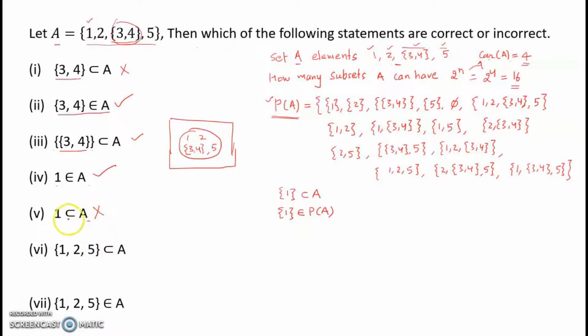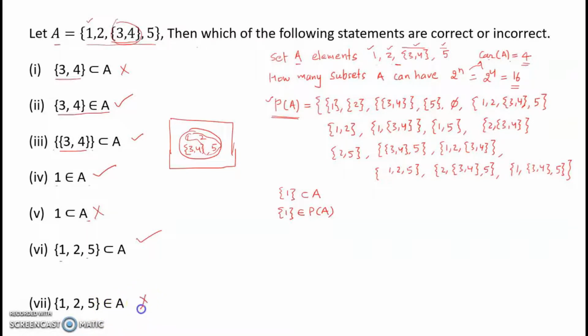Why is it an incorrect statement? Because it is not even represented as a set. Every subset has to be represented as a set. Now if I see {1, 2, 5}, you can clearly see 1, 2, 5 here in this Venn diagram. They are clearly a subset of A, and that's a correct statement. Now if I see {1, 2, 5} belongs to A, what do you say about it?